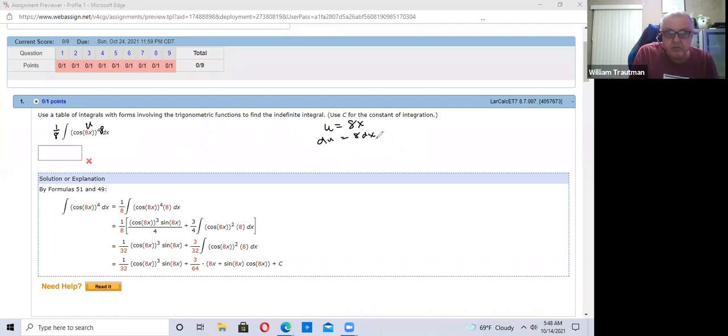So I'm looking for a formula that has cosine u to a power n, and it just so happens n equals 4. Our power equals 4.